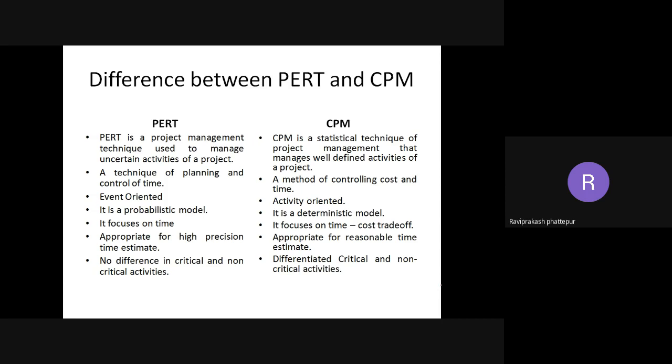PERT is a project management technique used to manage uncertain activities of a project. So more of the uncertain activities of the project are taken care of by PERT. CPM is a statistical technique of project management that manages well-defined activities of a project. So in PERT, uncertain activities could be taken care of, but in CPM, all the activities should be well-defined.